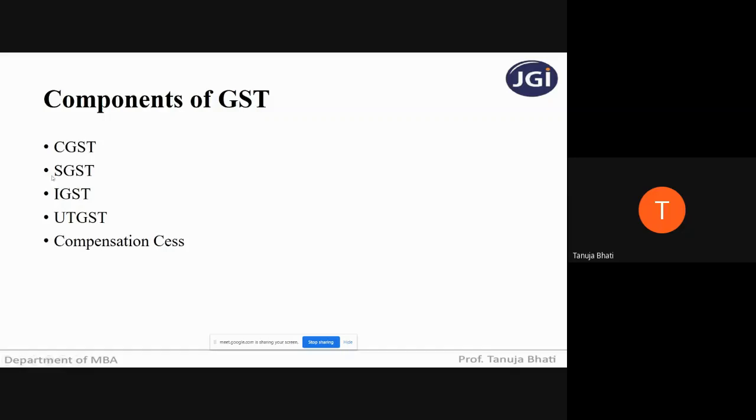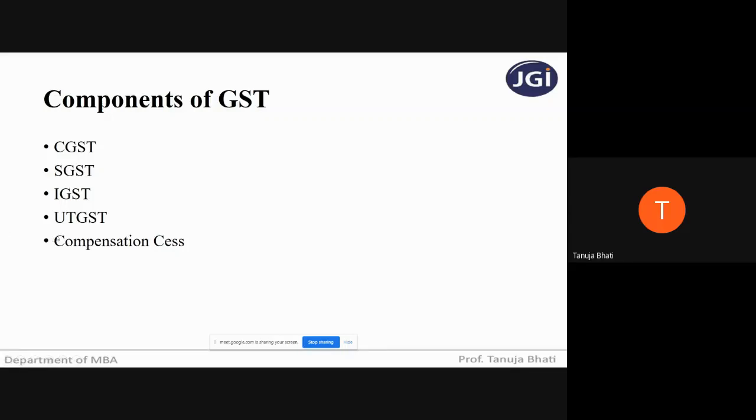Union territories means they don't have their own state legislation. All the administration and legislation is under the control of the union government. So union territory is which is being handled by the central government. Whereas in the case of SGST, each state has its own state legislation.